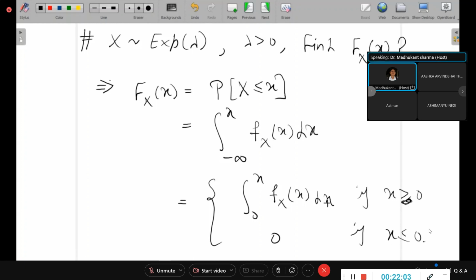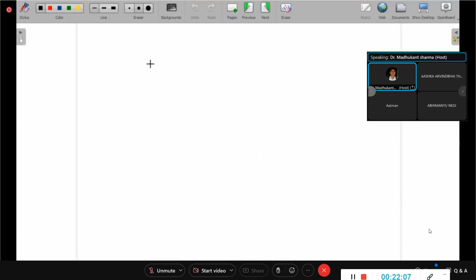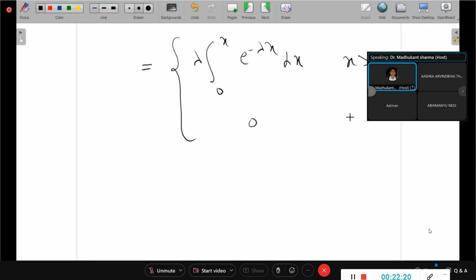Now I think you can integrate this. What you will get is the integration from 0 to x of lambda times e to the power minus lambda x dx whenever x is greater than 0, and 0 if x is less than or equal to 0.